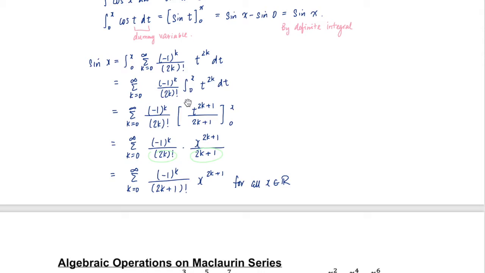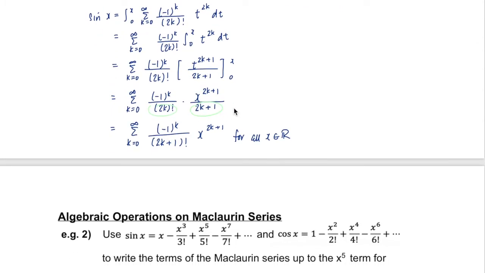Let's evaluate this definite integral. So t to the power of 2k plus 1 over that same exponent 2k plus 1 from 0 to x. So I can now substitute x into the variable t and then substitute 0 into t, which gives me 0, and end up with the following step.